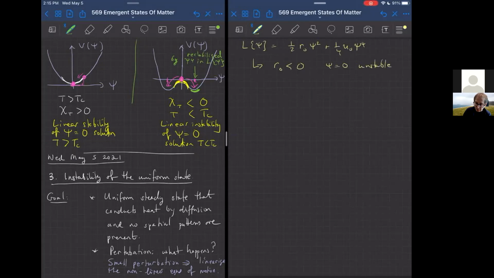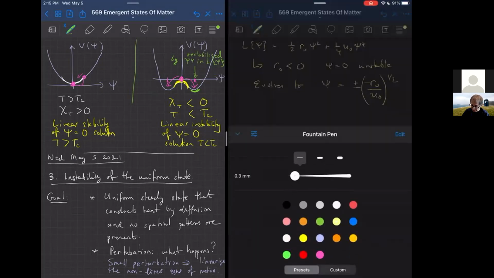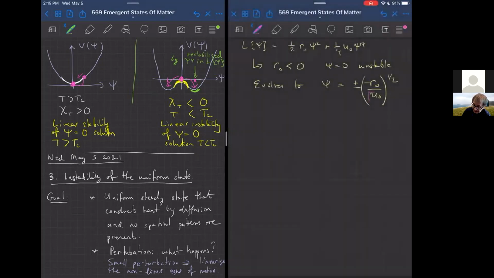And eventually the system evolves to the state psi is plus or minus r naught over u naught to the 1/2. This u naught comes in down here in the denominator, and that u naught is the coefficient of the psi fourth term. So this is exactly what we've seen in Landau theory, just in equilibrium. Okay, so that's all pretty easy.